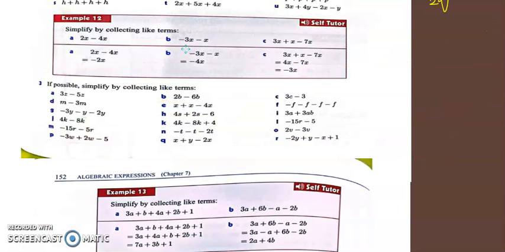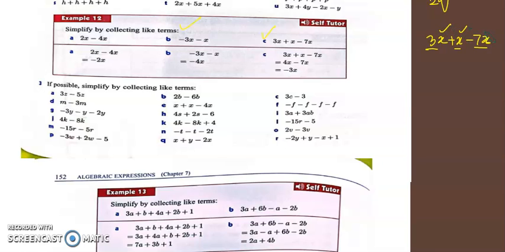Now example 12, there are 3 questions. I will help you with one question, that is part C. 3x plus x minus 7x, simplify by collecting the like terms. That is the question. You can see all are like terms because each one has x.